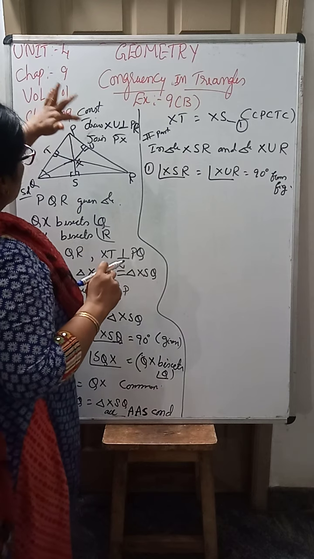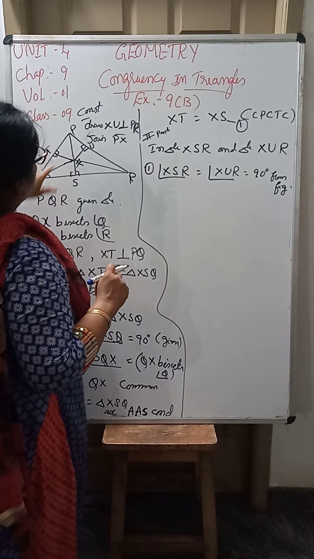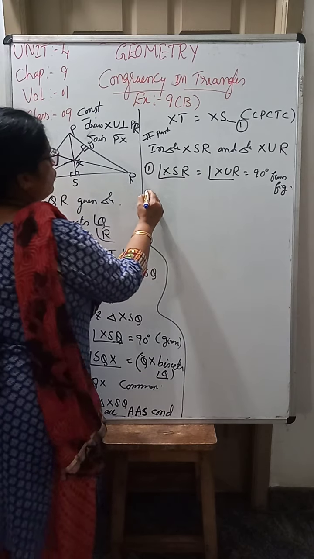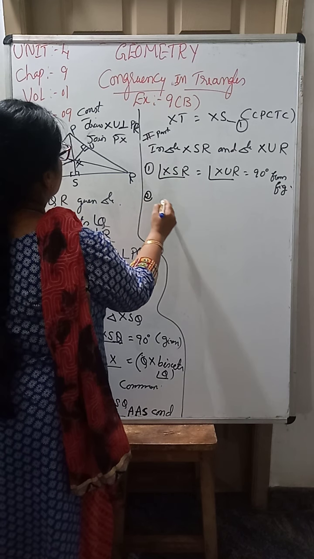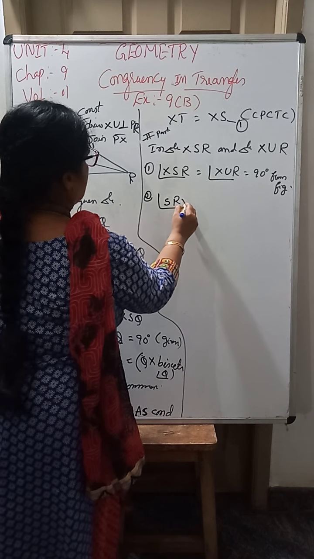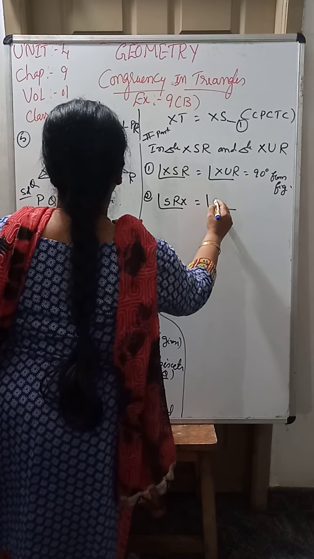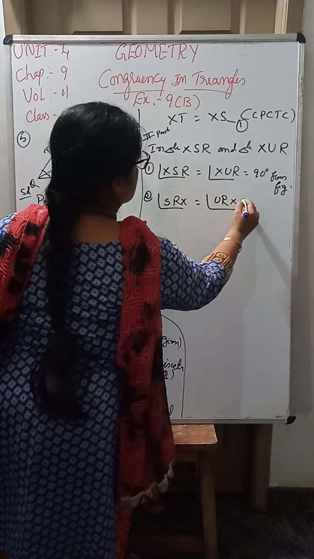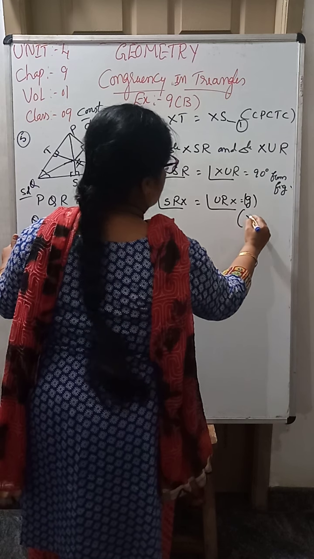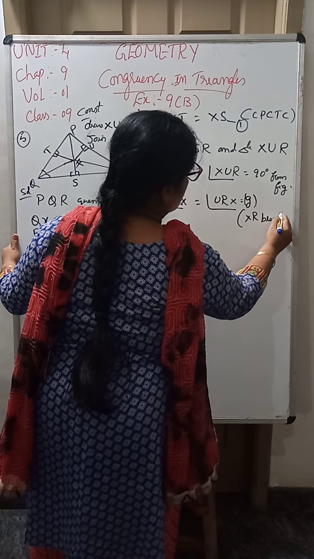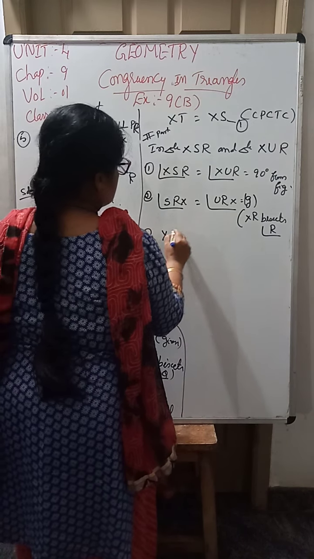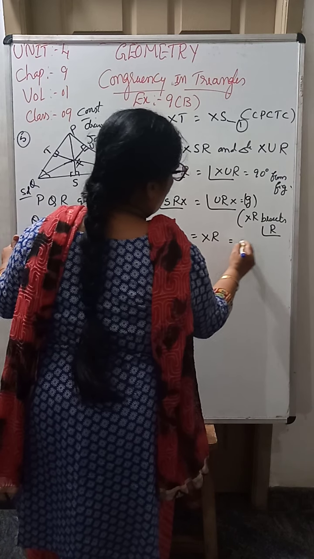XU is perpendicular to PR and XS is perpendicular to QR, which gives you 90 degrees. Now second one, angle SRX is equal to angle URX, given, that is XR bisects angle R. Third one, XR is equal to XR, common.